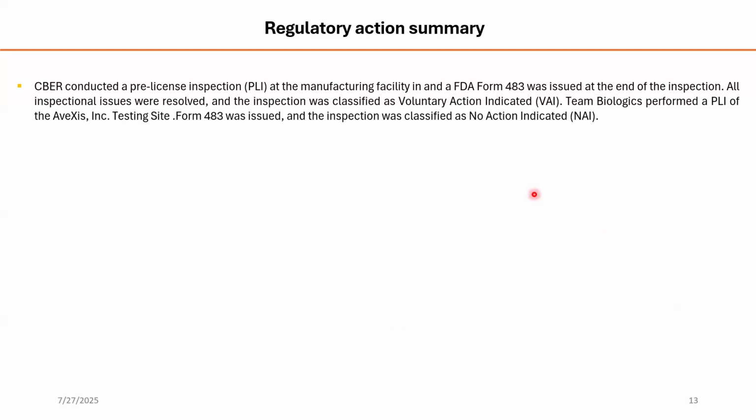All the inspectional observations were resolved, and they were classified as voluntary action indicated. A team of biologics performed this at the AVIX group testing site, and Form 483, a notice of inspectional observations, was issued, and the inspection was classified as no action indicated.